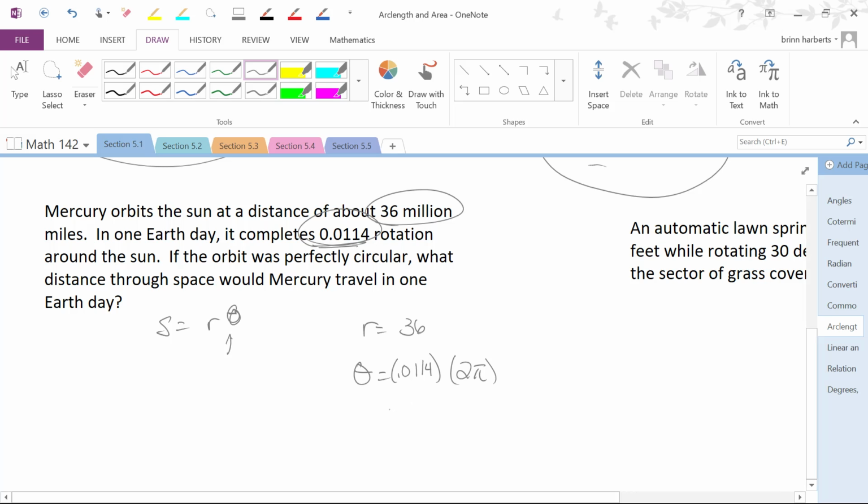So this becomes about 0.0716 radians. That's my angle. I'm going to take this and plug in 36 for R, and 0.0716 for theta, and I get 2.578, and that's million miles.